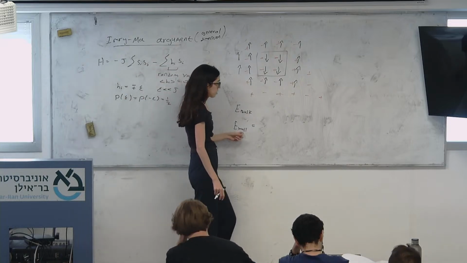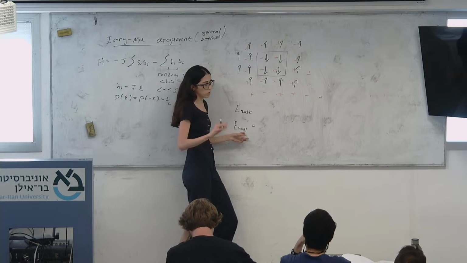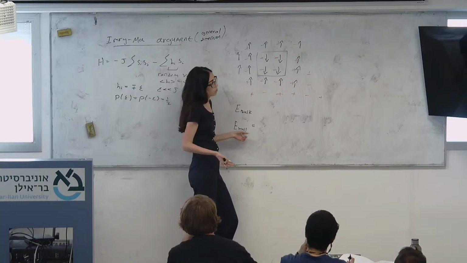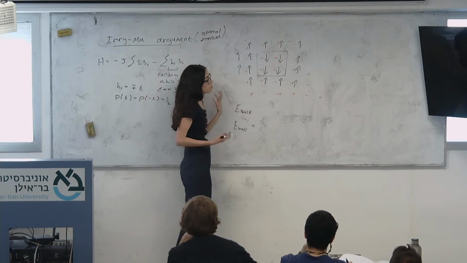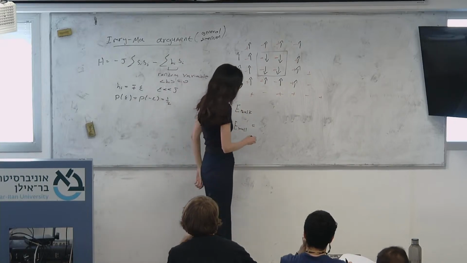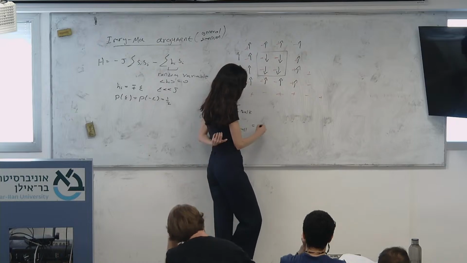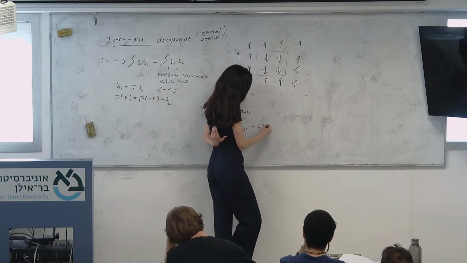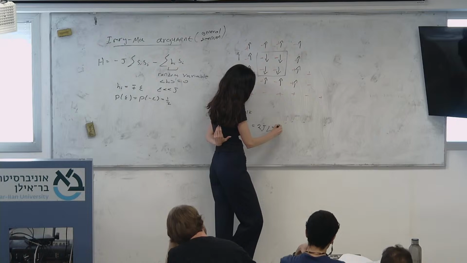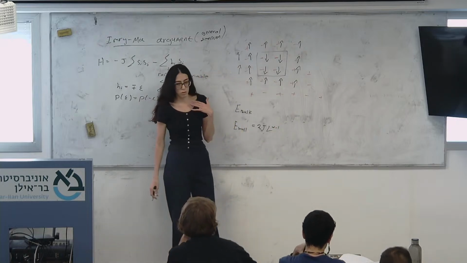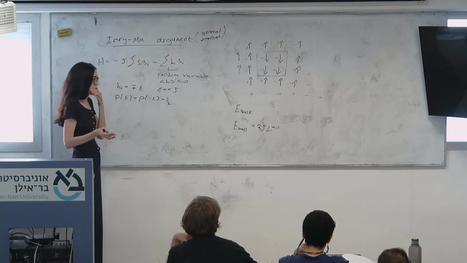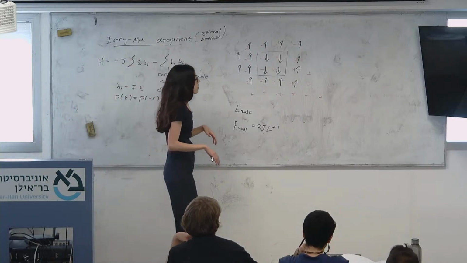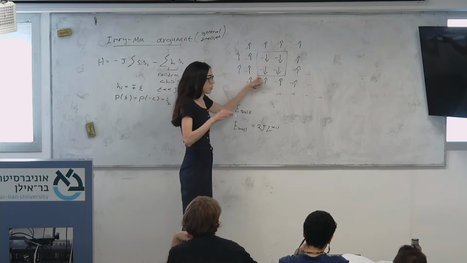So the energy on the wall is similar to what we did for the two-dimensional case, but for general dimension. So it's not affected by the magnetic field. It's going to be equal to 2J L^(D-1). Because if I go to dimension D, the length of the domain wall is going to be in dimension D minus 1.